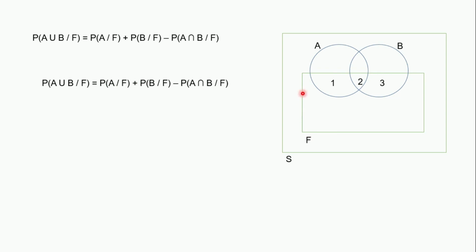Probability of A given that F has already happened is part 1 and part 2. And similarly probability of B given that F has already happened is part 2 and part 3. Now probability of A intersection B, this part, given that F has already happened, is part 2. Let's substitute this one, then we got this, and after doing this we got this one. That is what we wanted.